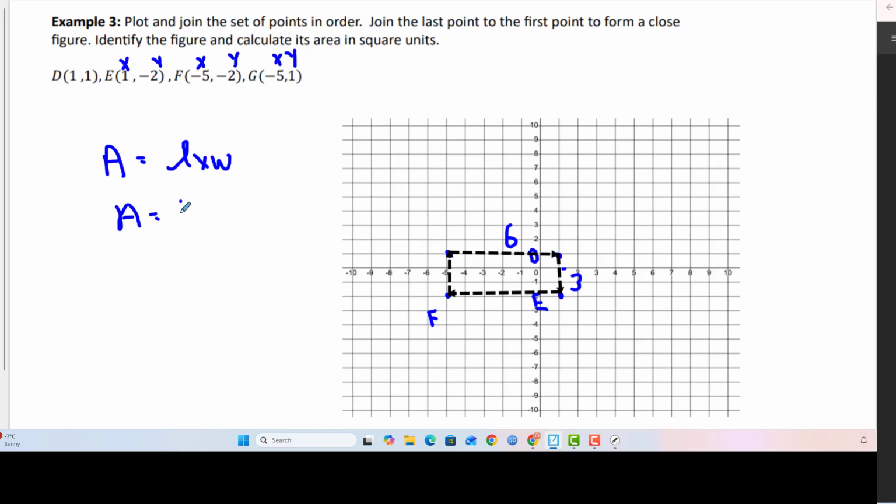So if length is 6 and width is 3, the area is going to be 18 units squared. And if you're writing units squared, we say units squared because the axes haven't been labeled, so we don't know if it's in meters or seconds or whatever. So yeah, let's move on to the next example.